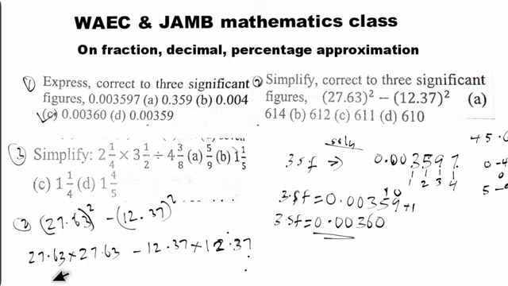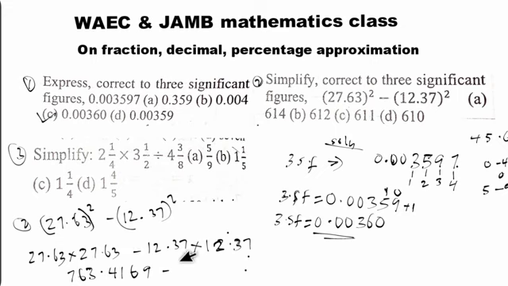Now let's multiply this one. Let's use the calculator here. 27.63 multiplied by 27.63. The answer that I have here, according to this calculator, is 763.4169.